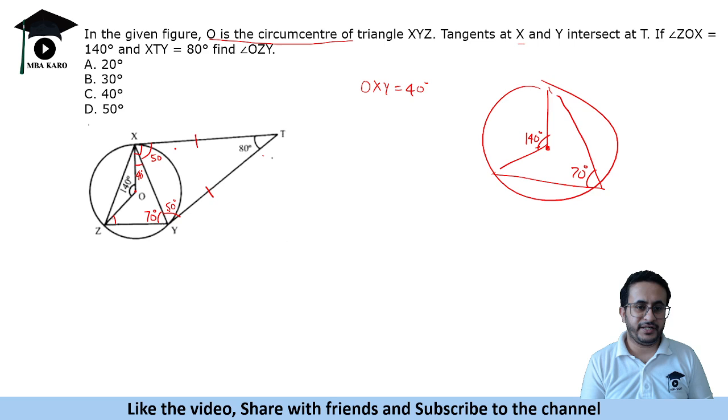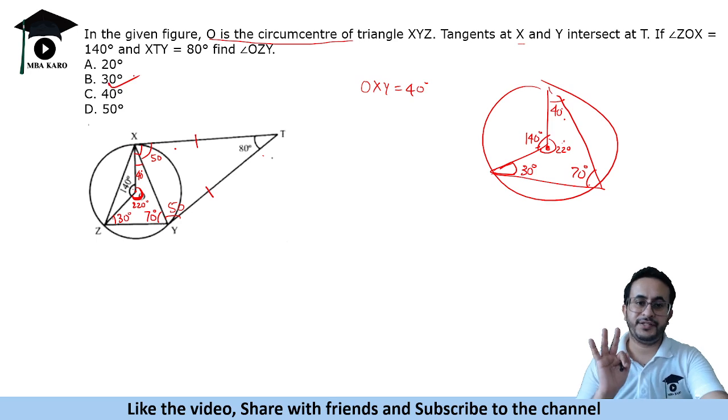So this 50 was not needed, because we did this 50 to equate these two as 50. So this is 70. Now this is 140, so the remaining part at angle O will be 220 degrees. Okay, so now you look at this quadrilateral. This angle is 220, this angle is 40, so the total has to be 360 including all these four. So this is 260, 100 degrees left, this is 70, so this angle should be 30 degrees.